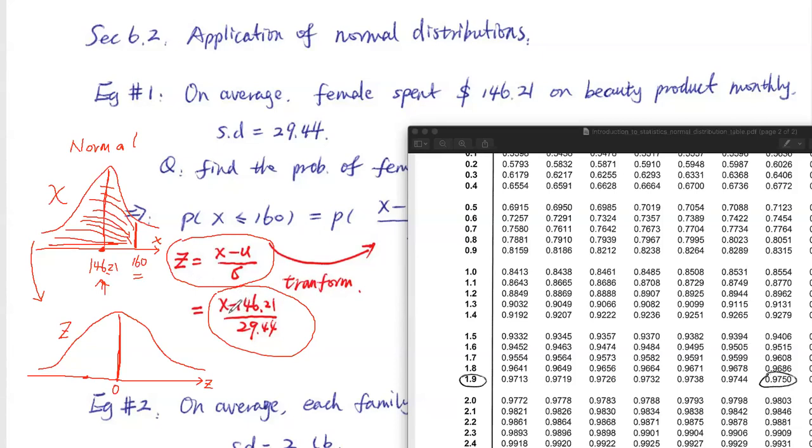Check out what's happening. If you plug in X equal to 146.21, the numerator becomes 0. And 0 divided by anything is 0. So that confirms our guess in the beginning. We were thinking that the center should go to the center, and it turns out to be the case.